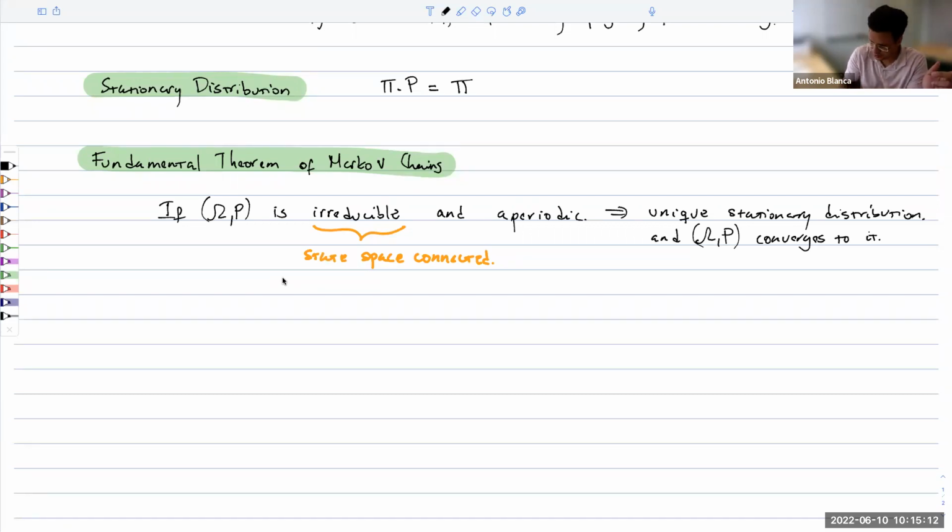Maybe it was in your problem set, but there is this notion of reversibility. I wanted to plug it in here because it will be useful later. Reversibility. It's a new definition.